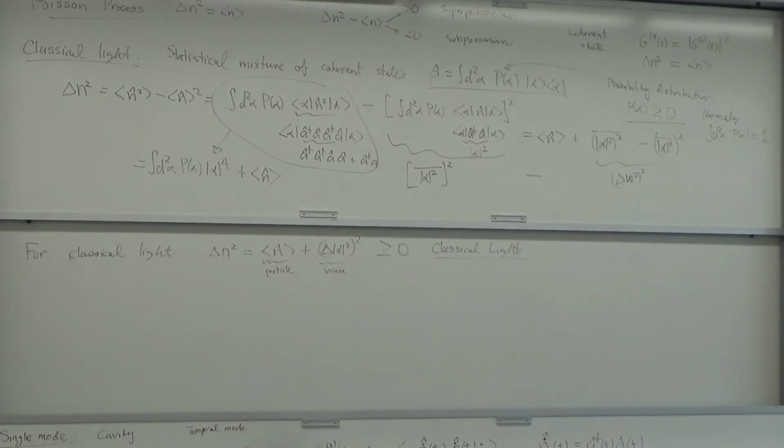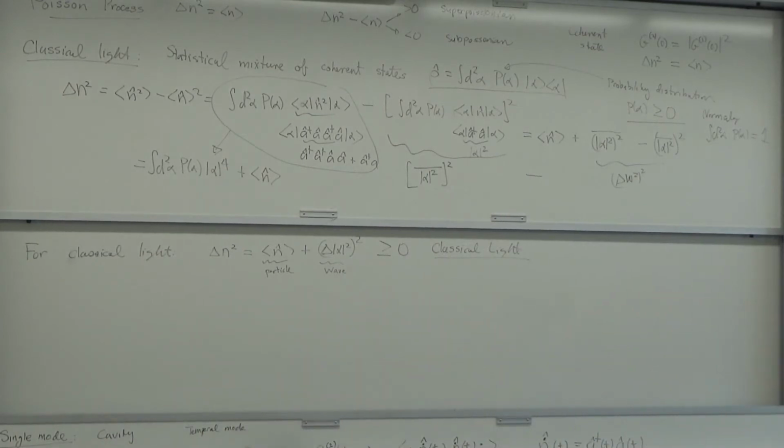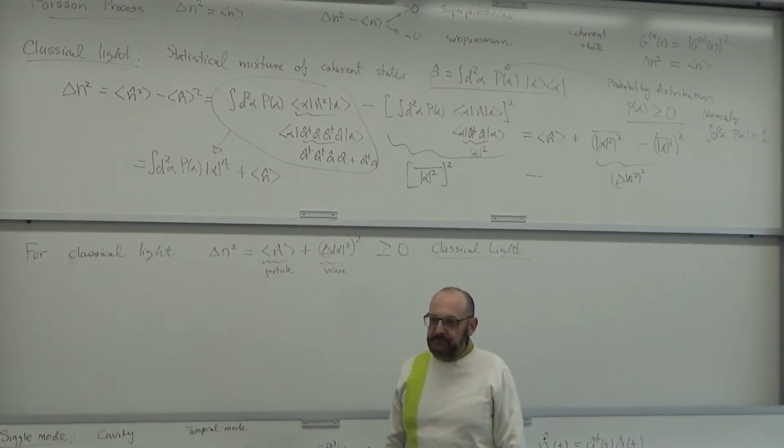If I have a definite wave, so I have a definite coherent state, there's always fundamental fluctuation in photon number because of the corpuscular nature of the quantized field, and that fundamental fluctuation is Poissonian.